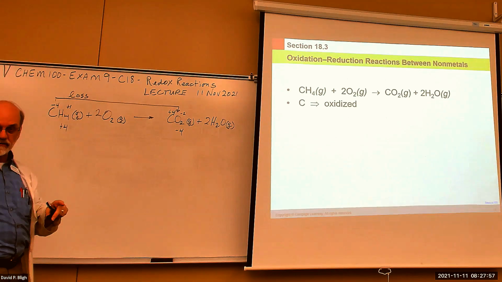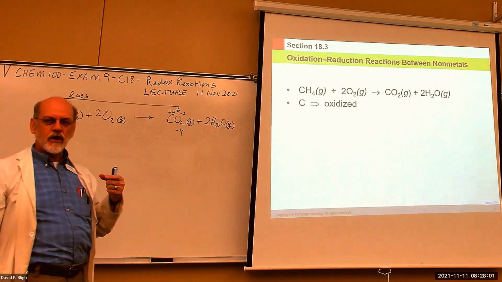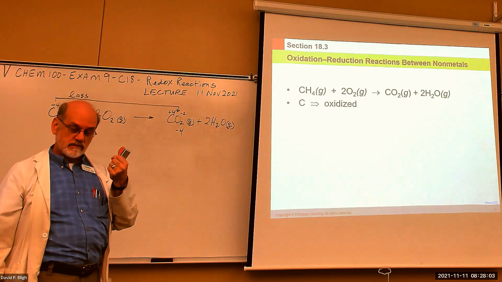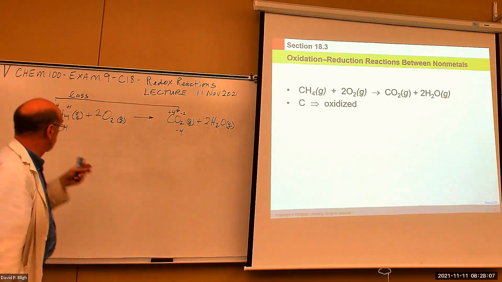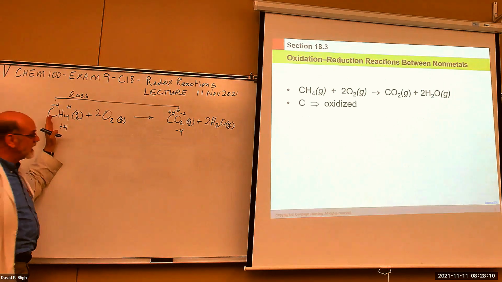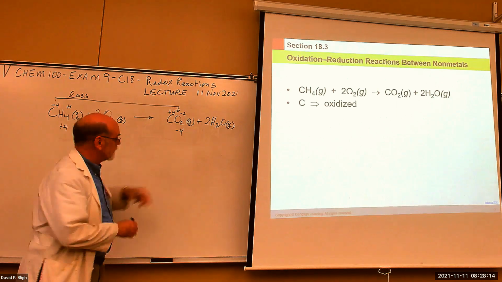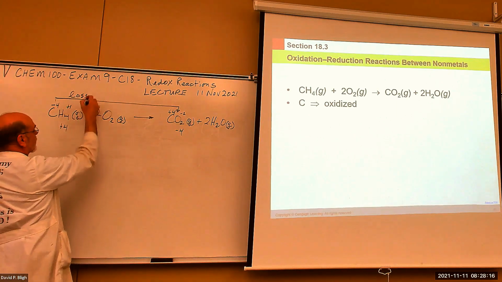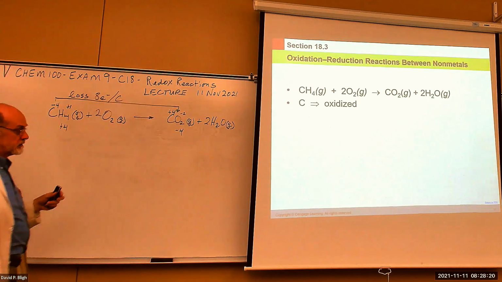How many electrons? Well, how many would it take to go from carbon -4 to carbon 0? It would have to lose 4 electrons, 4 electrons to 0, and then 4 more electrons to +4. So in the process, carbon had lost 8 electrons for each atom.